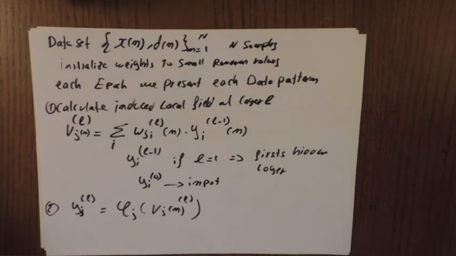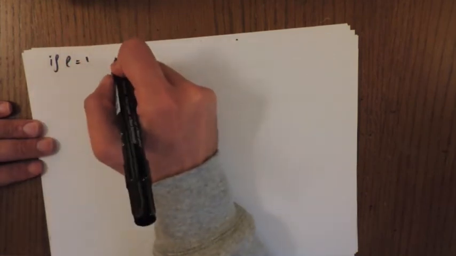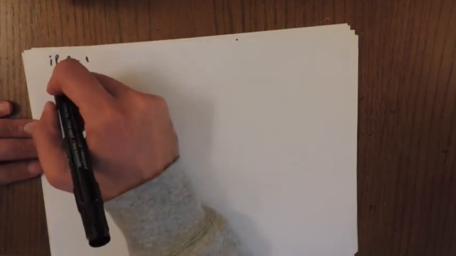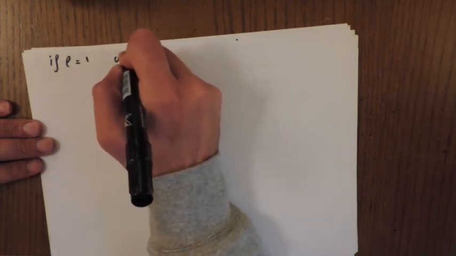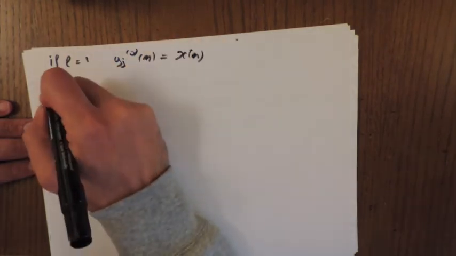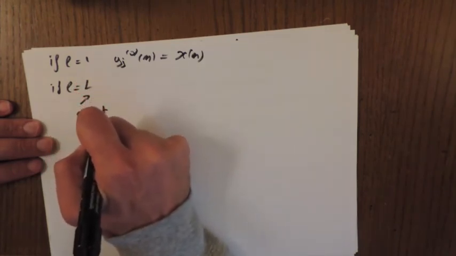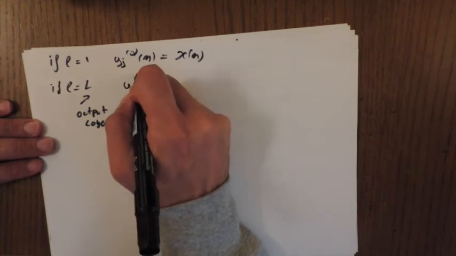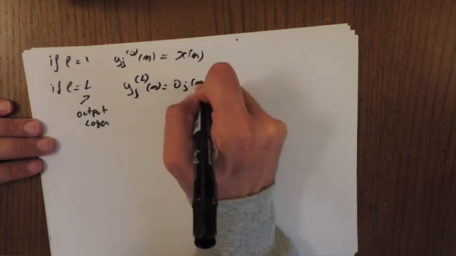Then here we have two cases. If L equals 1, as we said, this is the first hidden layer, we have yj of 0 of n equal x of n. Or if L equals capital L, which is the output layer, then we have yj of L of n equal to the output oj of n.